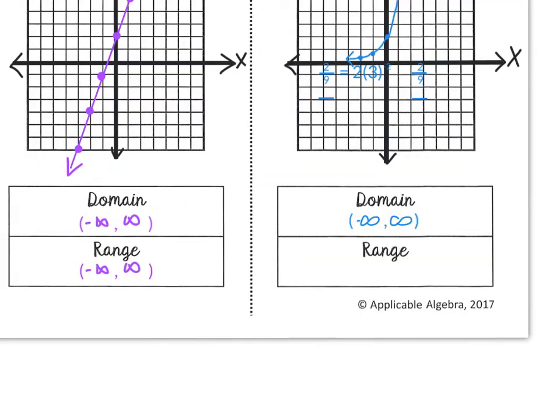Now, the range takes into account the fact that it gets really, really close to a value but doesn't touch. So when we look for the range, it talks about the y values. When we look for the range in the graph, I'm looking for the lowest it goes. Now, the lowest it goes is important because we talked about how these functions get really, really close to a specific y value, but they don't actually equal it, and they will not cross it.